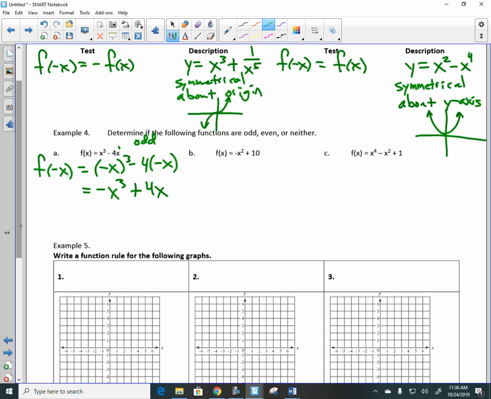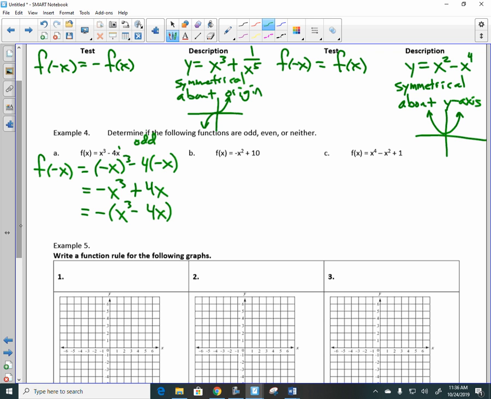Is it similar? Is it the same? It's not the same. So because it's not the same, it's not even. If it was the same, we'd say it's even. So I will try factoring out a negative 1. And when I do, I get x cubed minus 4x. Is that the same as what I started with? Yes.